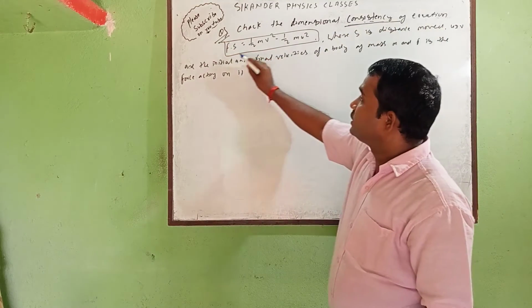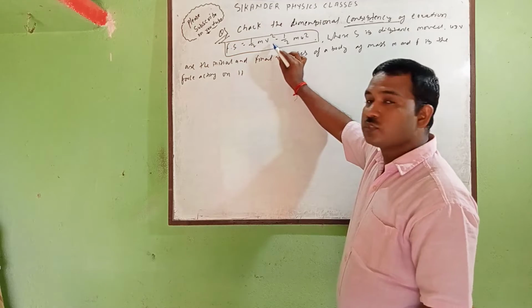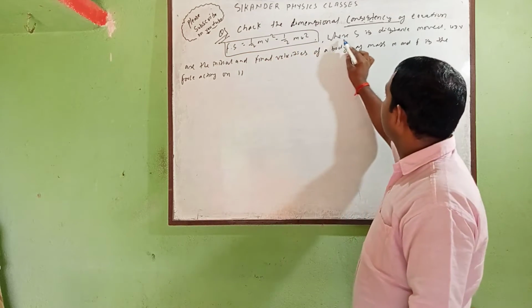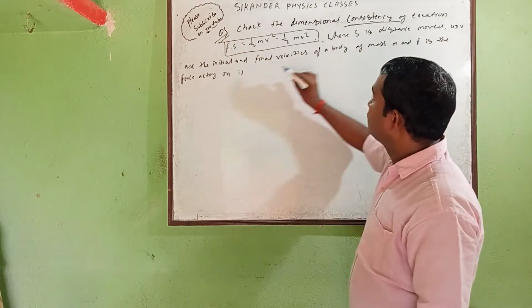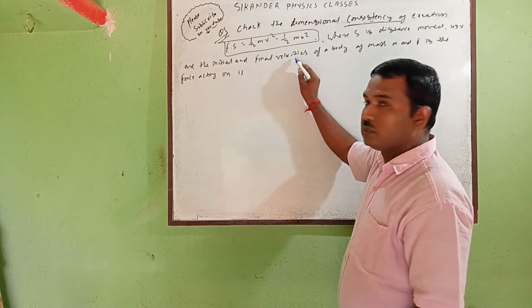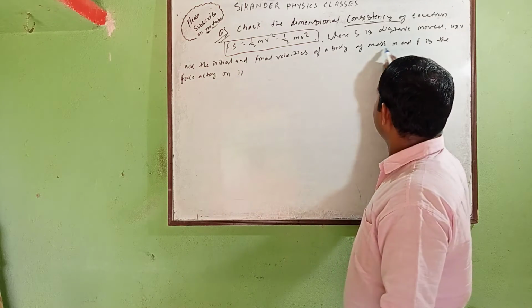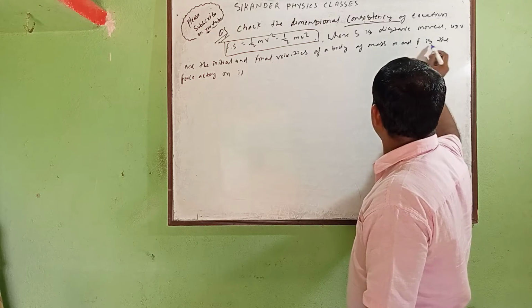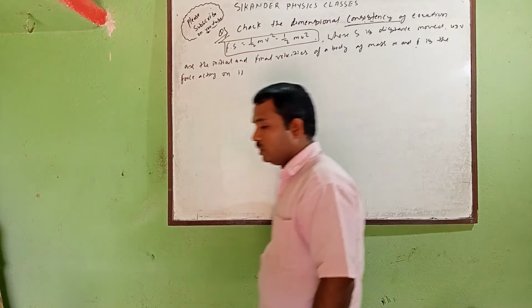The equation given is Fs equals half m v square minus half m u square, where s is the distance moved, u and v are the initial and final velocity of a body of mass m, and F is the force acting on it.